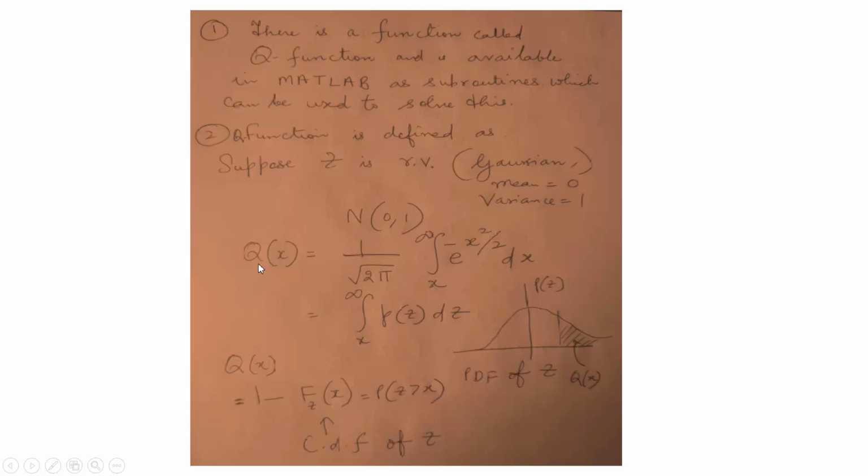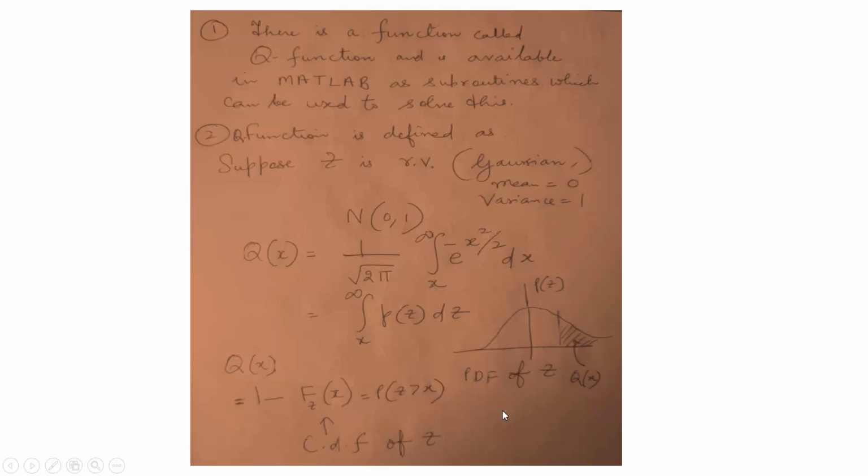This is equal to the integral from x to infinity of the probability density function of this random variable z, which I represent as p z, right? So this point is x, and towards the right of this x is what we call the Q function.